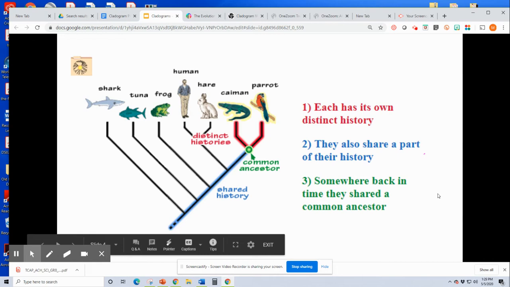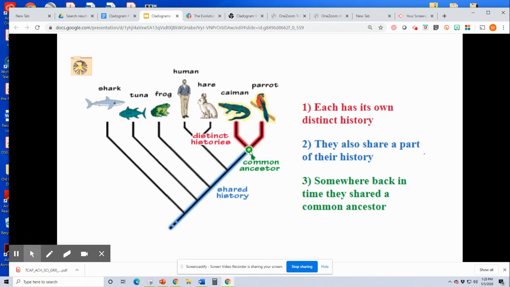All right, so hopefully you saw this. Each has its own history. If we talk about the evolutionary history of a parrot, this red part right here, from the common ancestor on, is showing its unique, distinct, individual path that it took to evolve into a parrot.